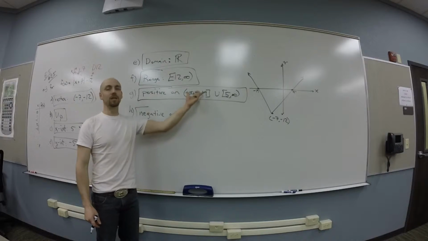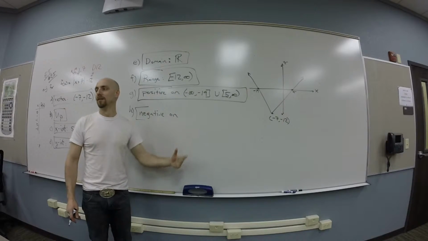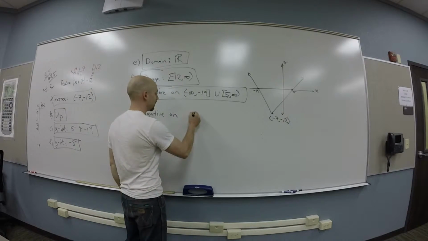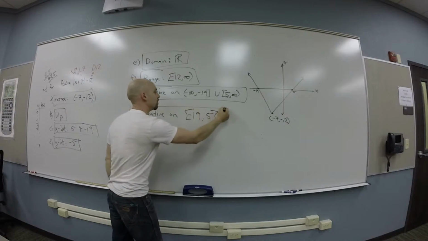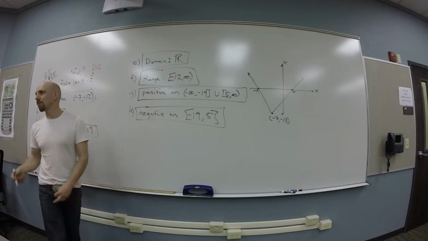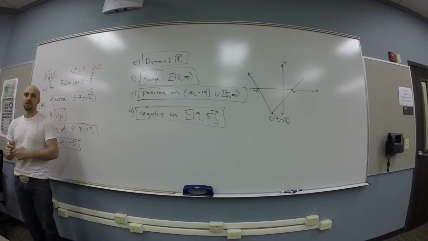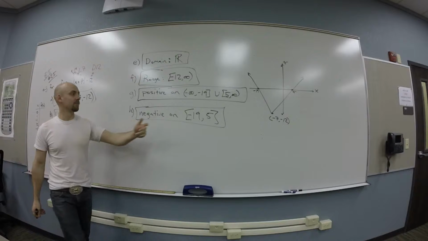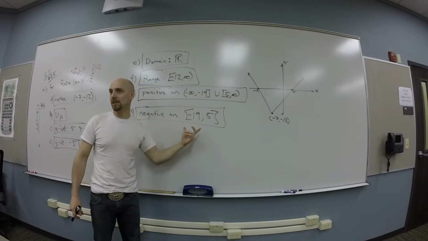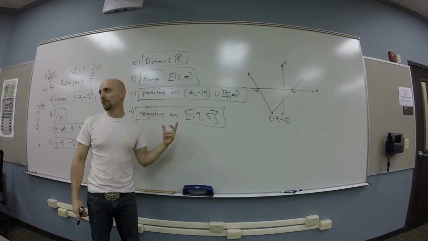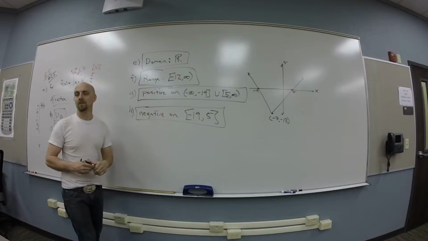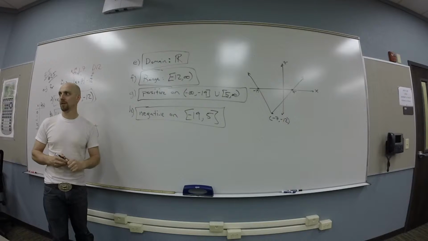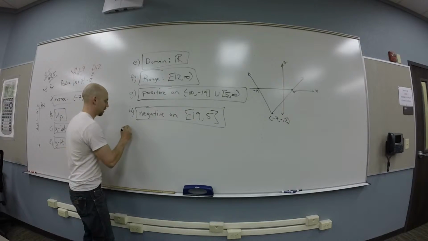So remember, these two things should add up, right? So here I should get negative 19 to 5. And these two between them should cover almost everything, at least. In this case, I double covered negative 19 and 5, because those were the spots where it was 0, and I counted that as both pieces. Okay, see that?